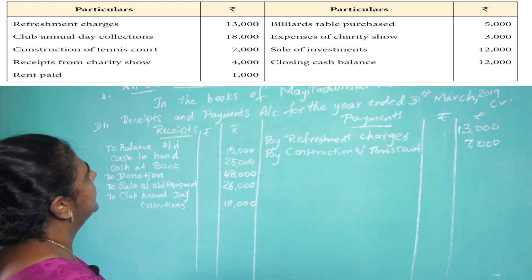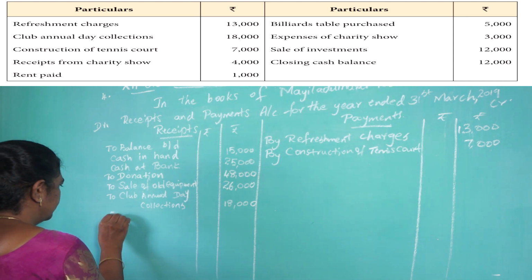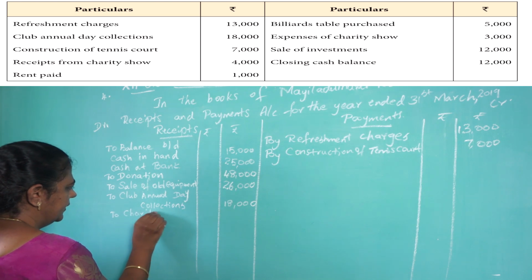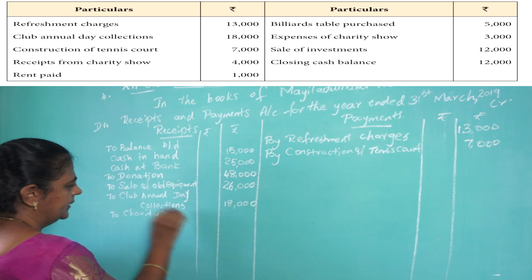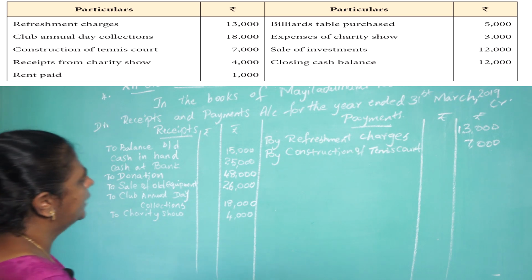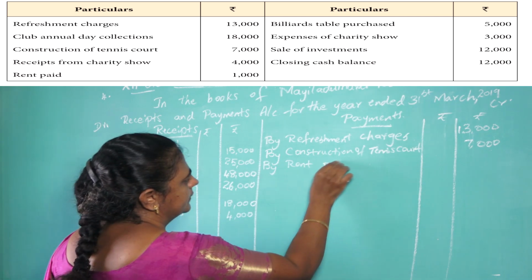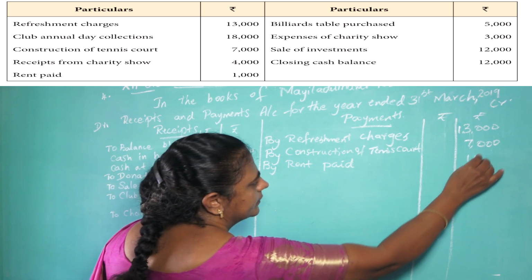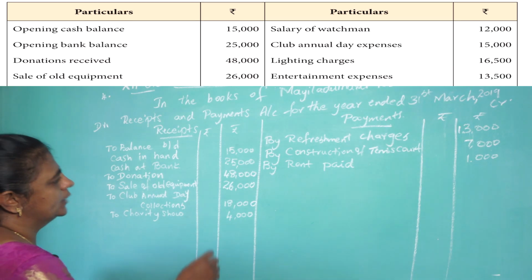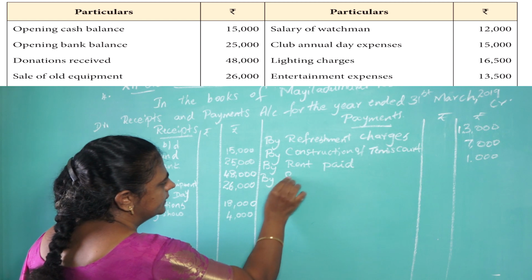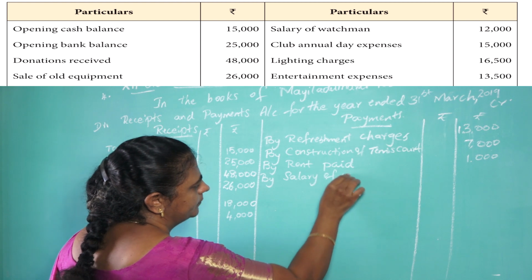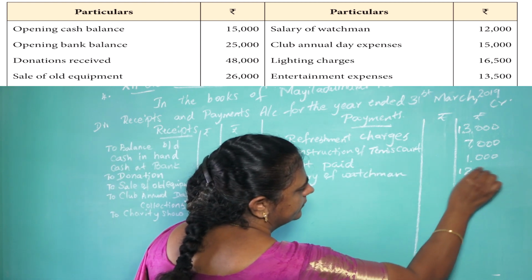Receipts from charity show 4,000, again a receipt, to charity show 4,000. Next, rent paid 1,000, a payment, by rent paid 1,000. Salary of watchman 12,000, by salary paid, 12,000.